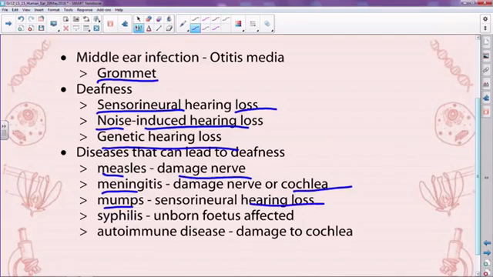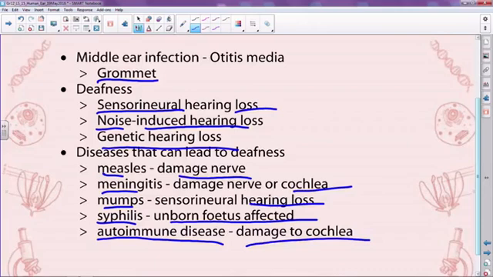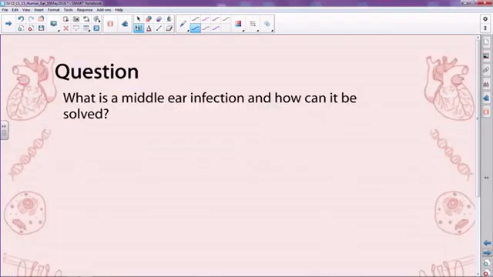Then you get syphilis, which affects the unborn fetus, so in other words, the fetus is affected and it's not going to make the ears. And then you get auditory immune disease, which damages the cochlea. Remember, without the cochlea, we're not going to send impulses to the brain. It's cool, huh?